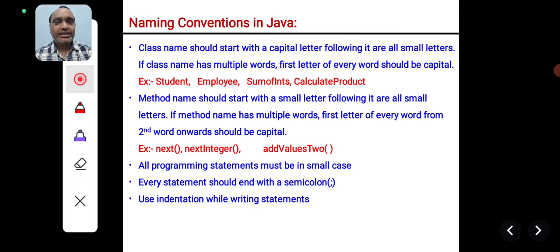And another thing is, it is better to follow indentation while writing statements. So what will indentation do? Indentation will improve the readability of your program.